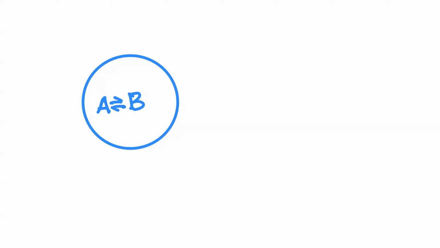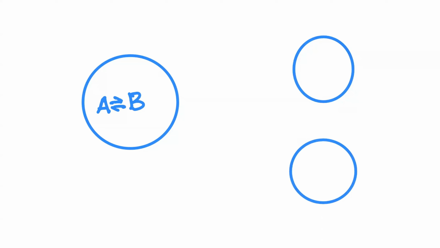In the distance you can see A. In the distance you can see B. Now you tell me. Does AB want to communicate with B?